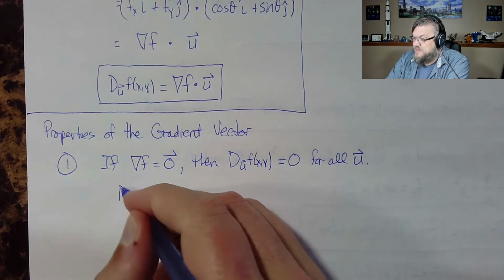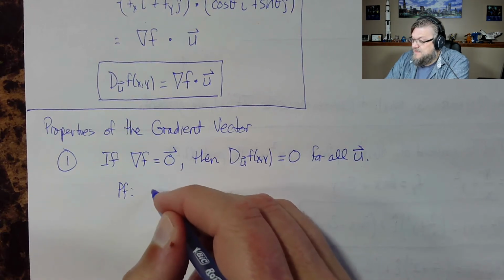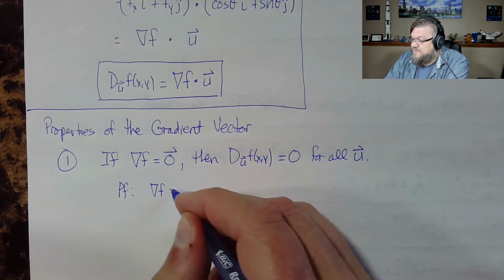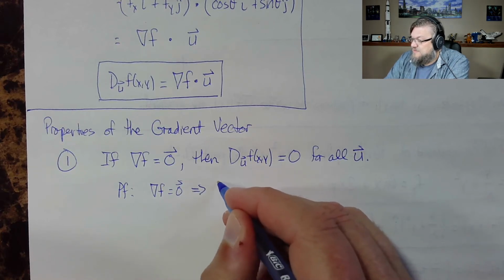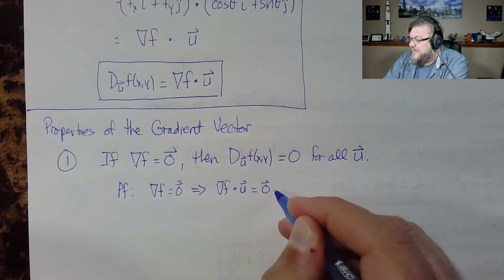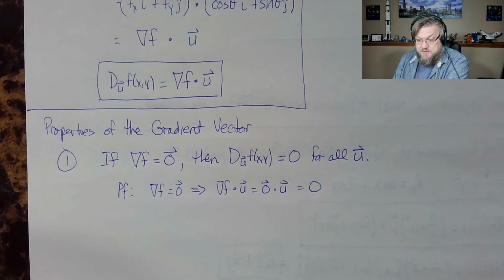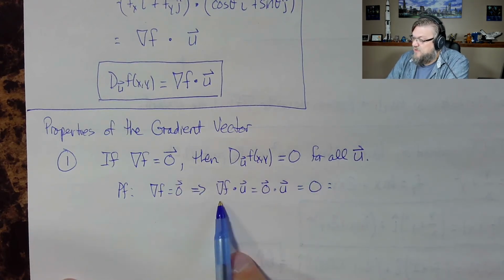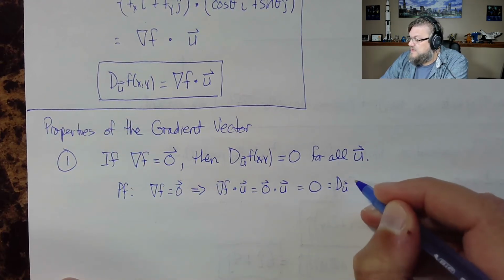So a little tiny proof of this: the gradient of f is 0 implies that the gradient of f dotted with u equals 0 dotted with u, which equals the scalar 0, which, because this is the formula for the directional derivative, means the directional derivative is 0.